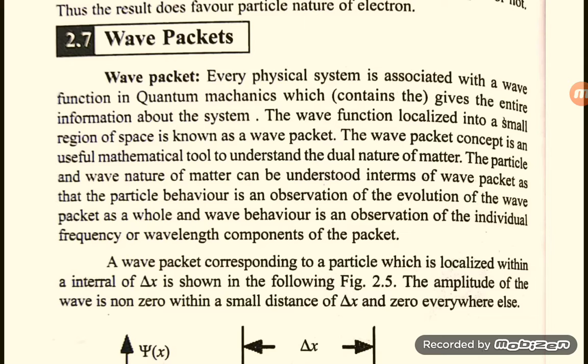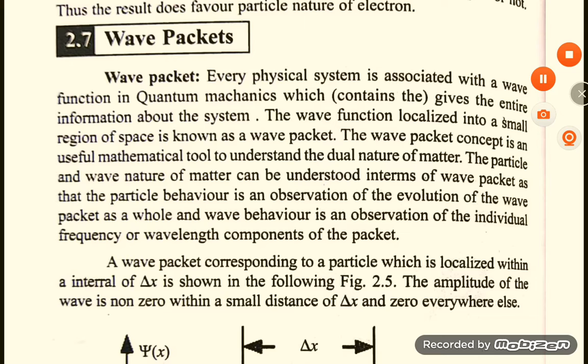Let us hear a new term, wave packet. So what is a wave packet? When waves are associated with a particle, those waves combine and give an interference pattern. In the interference pattern, at some places the waves have maximum amplitude, at some places minimum amplitude.